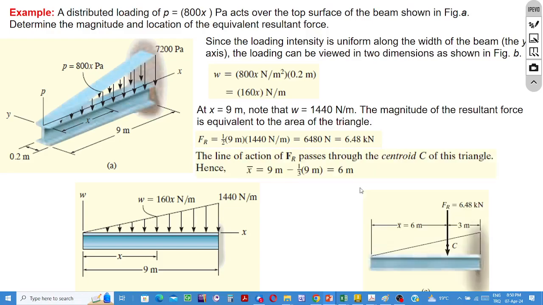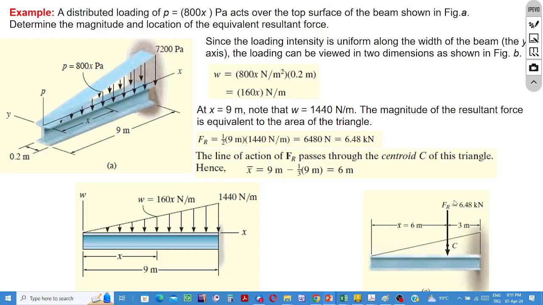Okay. And then, if we locate the resultant force not at point O, but at a special location, this single resultant force represents the translation effect and also the rotation effect of the distributed loads system.